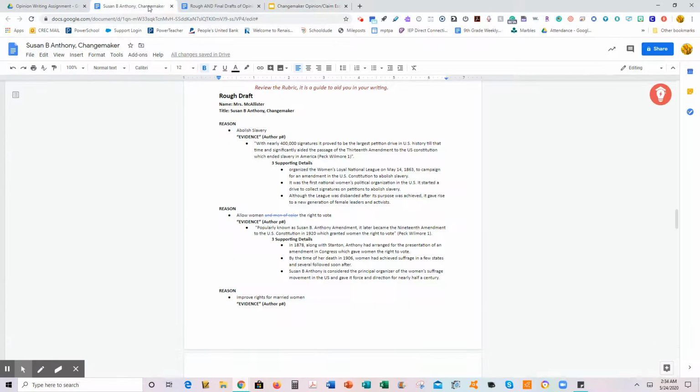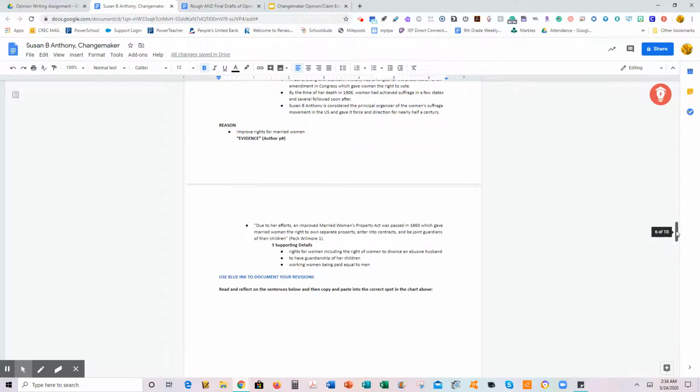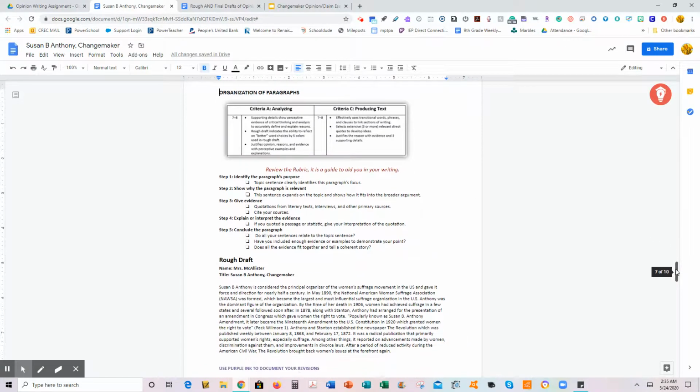So here, say I'm in my rough draft, and I had written my paragraphs, and remember, you're going to want a topic sentence that identifies the paragraph's focus. The sentence expands on the topic and shows how it fits into the broader argument. You have quotations, you cited your sources. If you quoted a passage or statistics, give your interpretation or explain it.